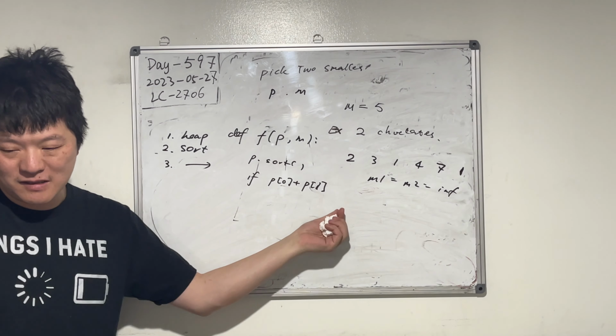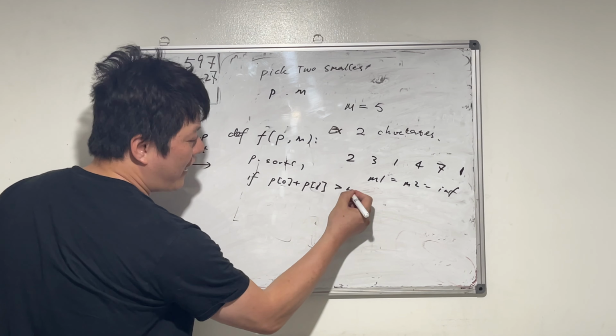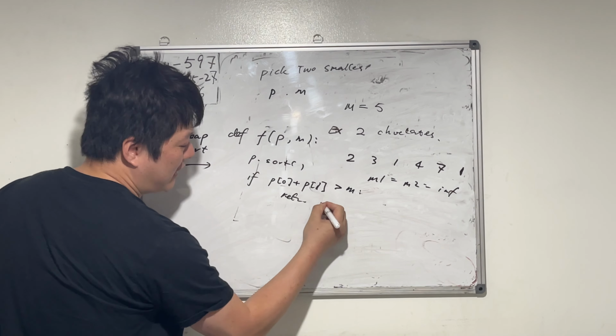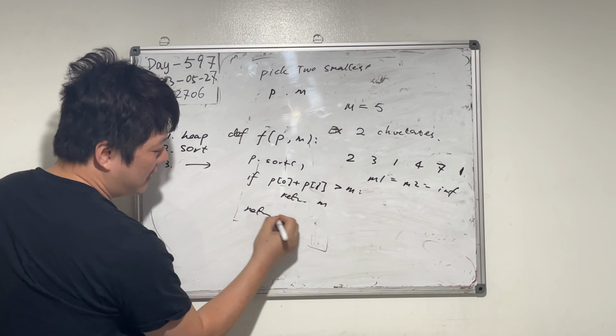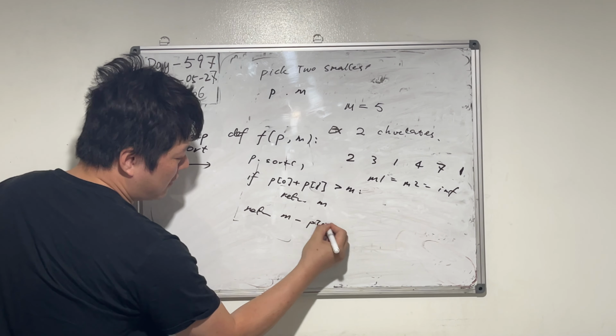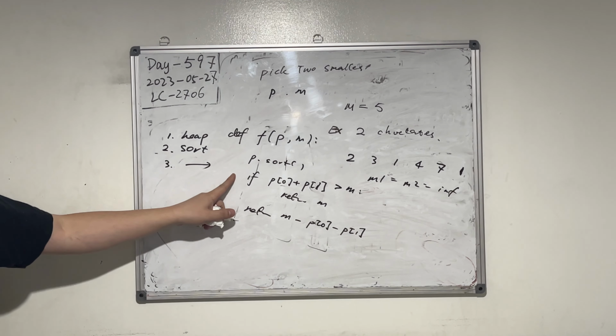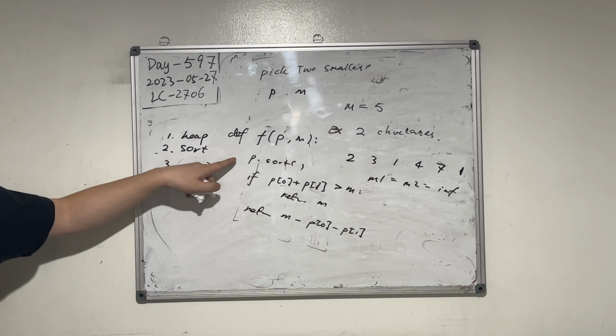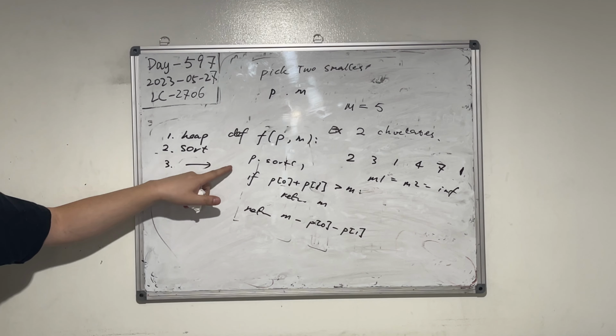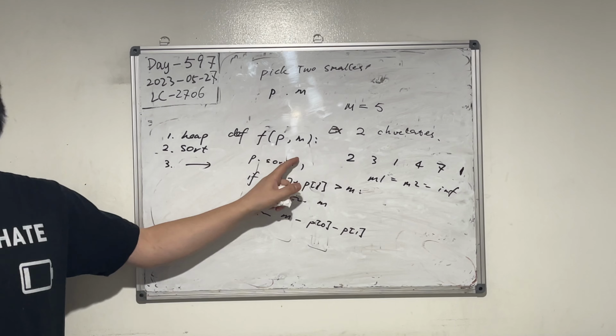If the 2 smallest is bigger than m, then we return m, right? Otherwise, we return m minus p0 minus p1. Okay, that's it. Do you understand this part? What's the time complexity? O(n log n). Here, this is sorting.